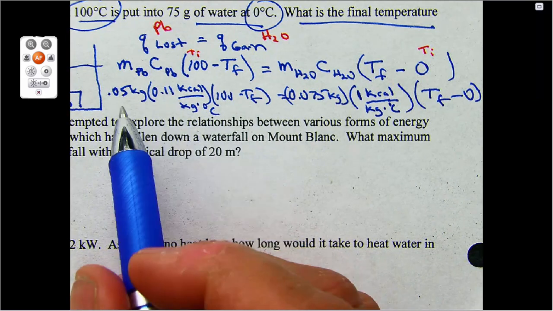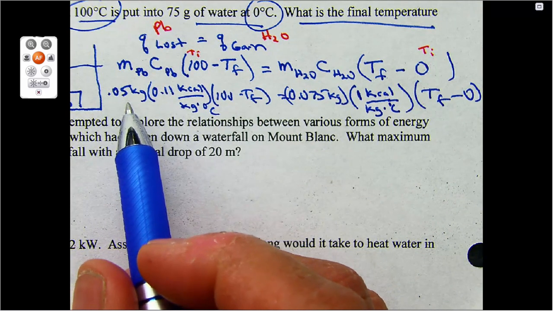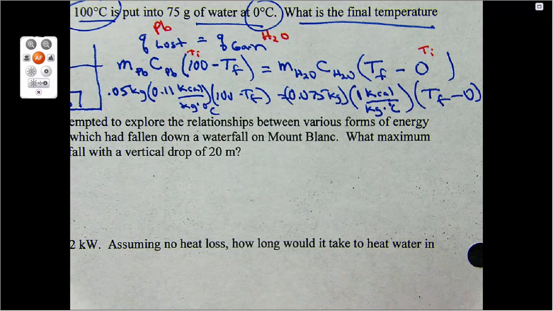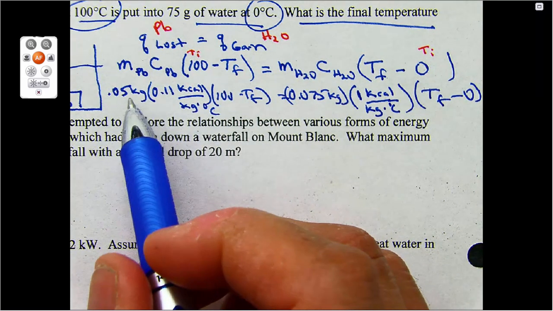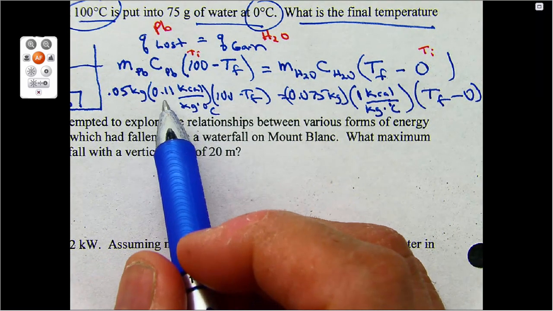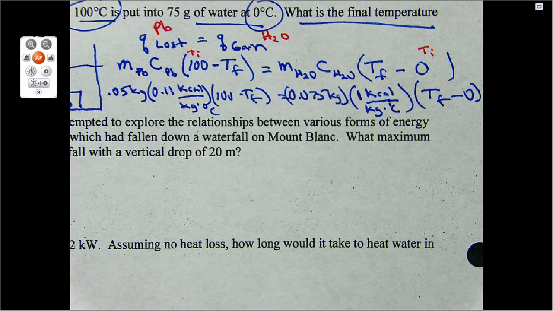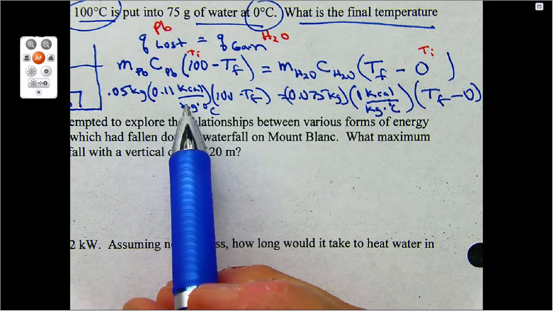This would be 11 times 0.05 would be, what's that? That's all right. I want to distribute twice. I want to clean it up. So what is 0.05 times 0.11? That's going to be 0.0055, isn't it?